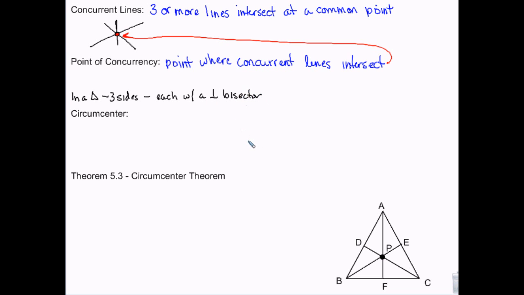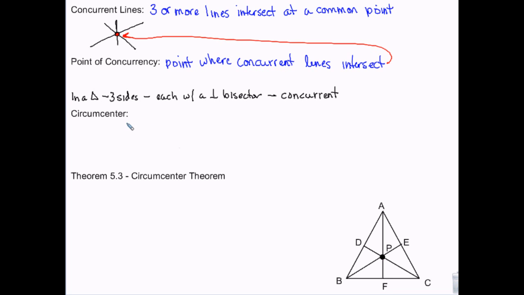Now, if I draw those 3 perpendicular bisectors on the triangle, they will be concurrent. Okay, so if you actually take a triangle and you actually find the bisecting point on each side and you actually draw perfect perpendicular lines, they will all meet at the same point. Those lines are concurrent. Now, this doesn't happen with every line in a triangle, but with certain lines in triangles this happens.